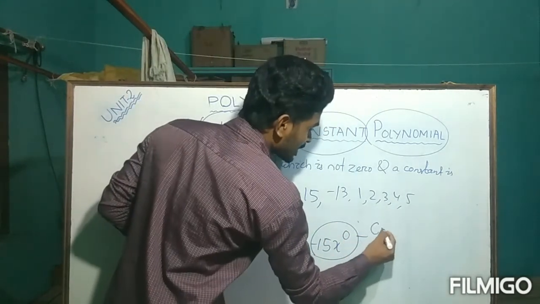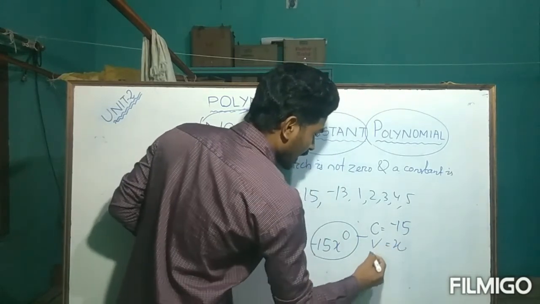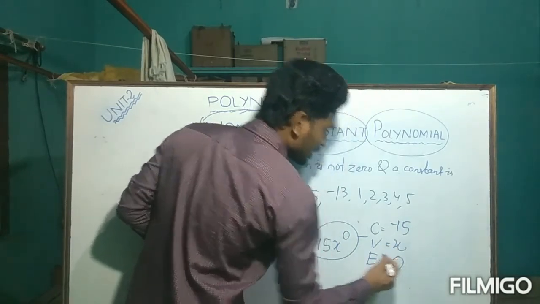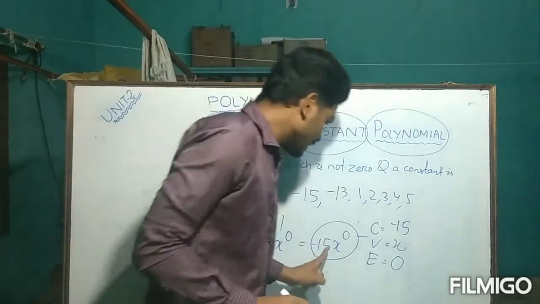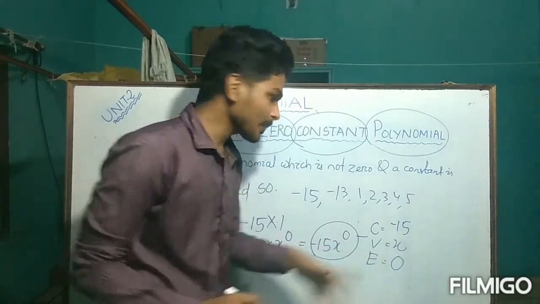So here the coefficient is minus 15, the variable is x, and the exponent is 0.